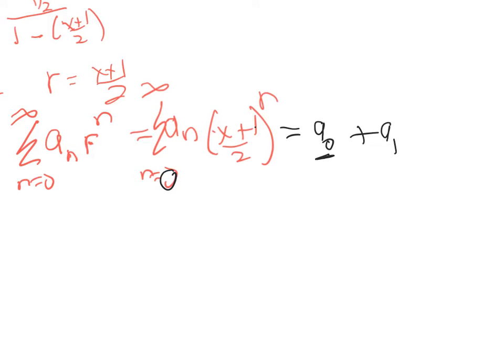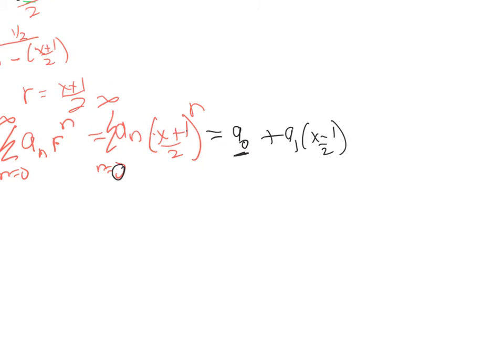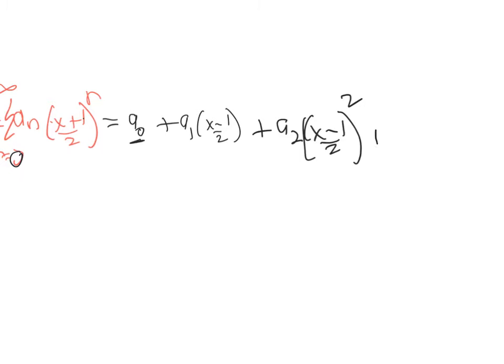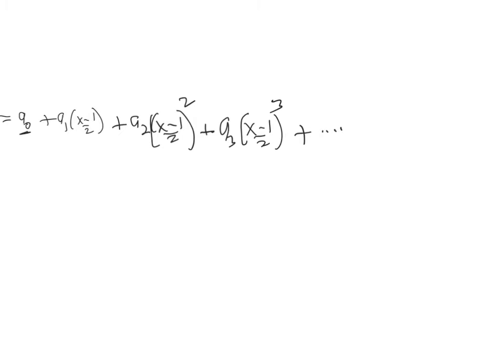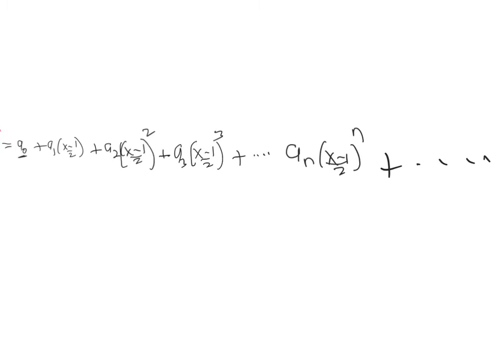That gives me a sub 1 times x minus 1 over 2 to the first power, plus n is 2, a sub 2, x minus 1 over 2 squared, plus n is 3, a sub 3, those are just constants, x minus 1 over 2 cubed, and it continues to the general term, a sub n, x minus 1 to the n over 2, and it continues to infinity.